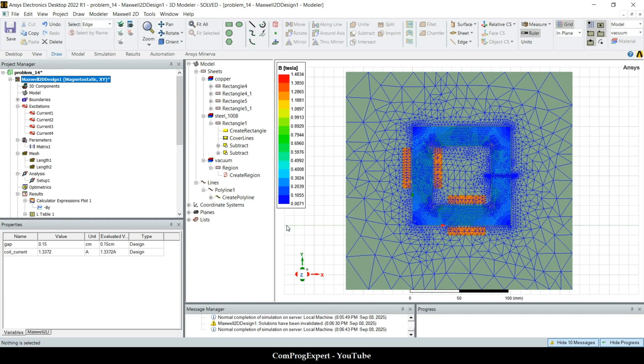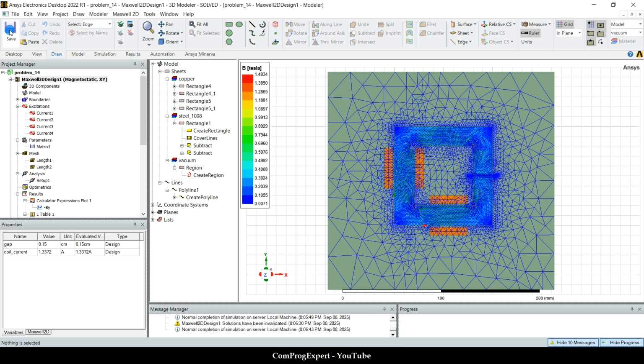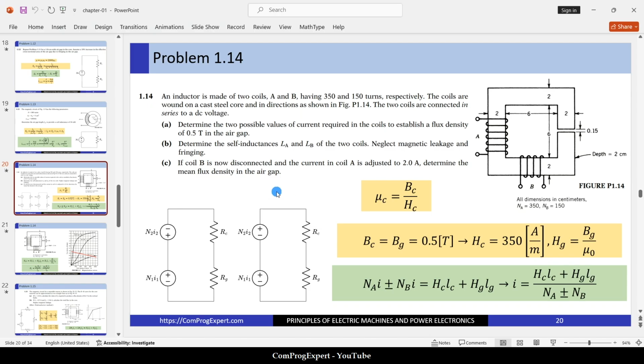Okay, so now let's go for the next part of the problem. Okay, if the coil B is now disconnected and the current in the coil A is adjusted to 2 amps, determine the mean flux density in the air gap.